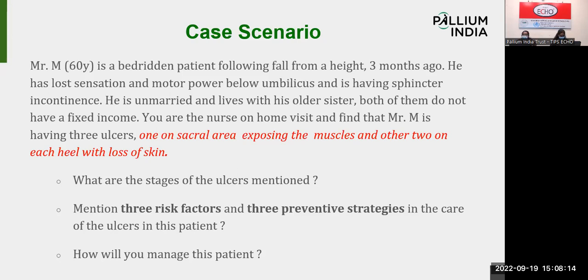Okay, so the next question is mention 3 risk factors and 3 preventive strategies in the care of the ulcers in these patients. So what are the 3 risk factors? From this patient story, just tell me what risk factors can make these patients develop pressure ulcer.